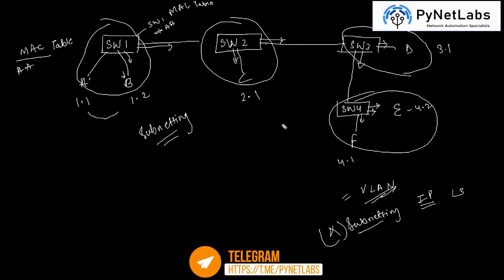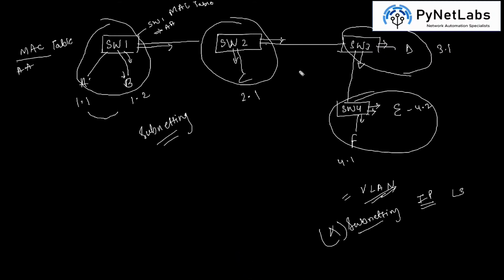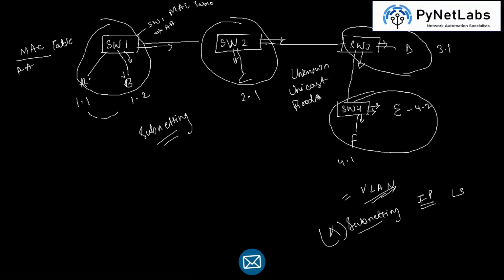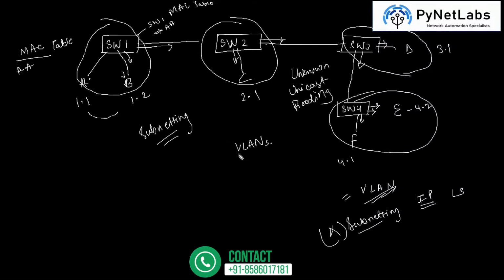Now to avoid all this unicast flooding, which is known as unknown unicast flooding, we use VLANs. We use VLANs to basically divide the network.